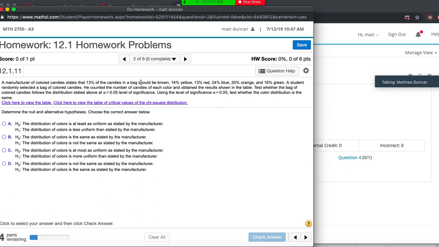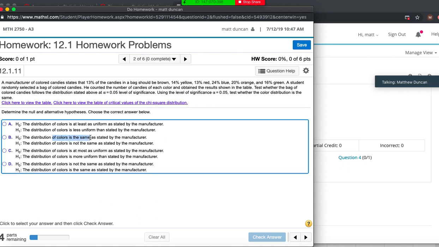The null is going to have to be that this is the case, right? You're going to have to assume in the null that it's the same as stated by the manufacturer. So it looks like it's going to have to be B, because you have to assume that what is being stated is true unless proved otherwise.